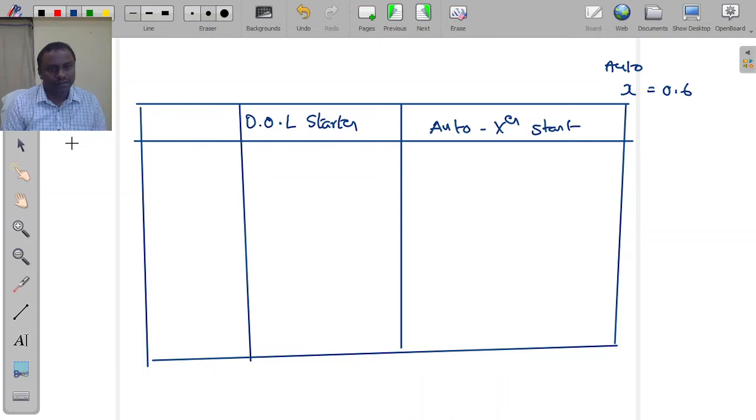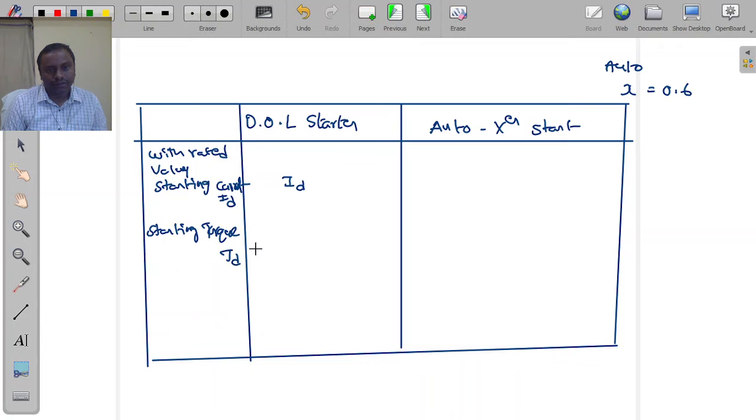With rated values, starting current with the DOL starter is ID and starting torque TD.